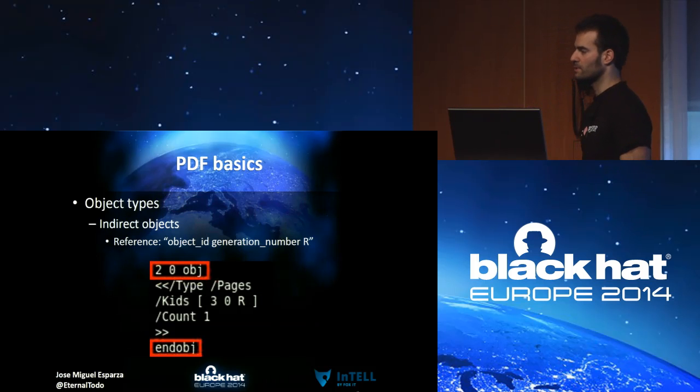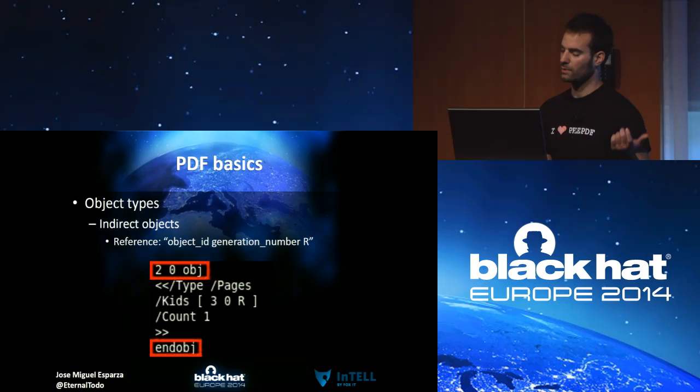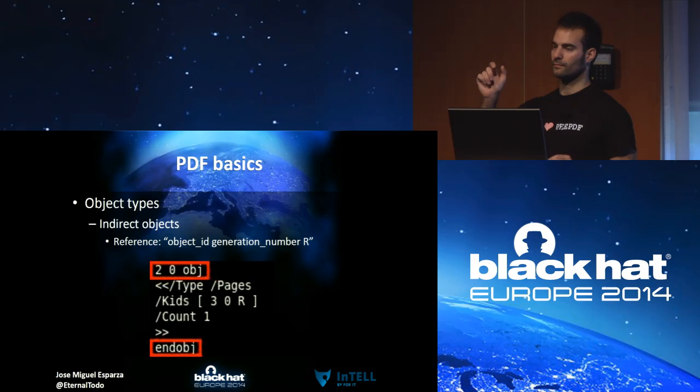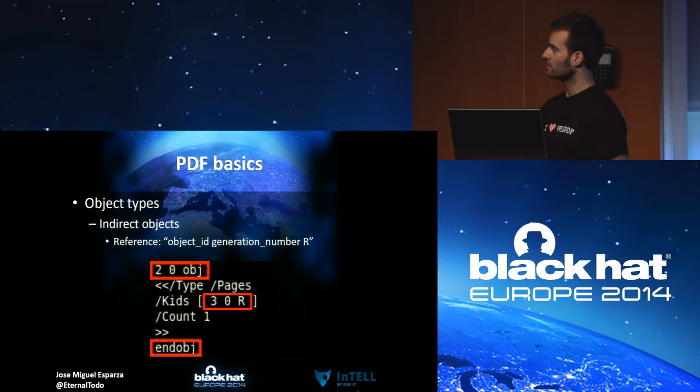We can reference an object inside a PDF object with its ID. So we have the ID, the generation number, and then the letters obj. And then we have the end tag, which is endobj. We can reference every object using, for example, in this case, Kids.